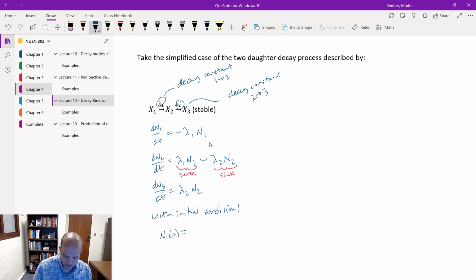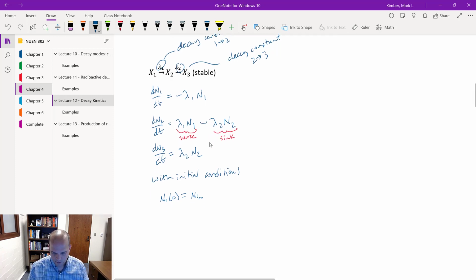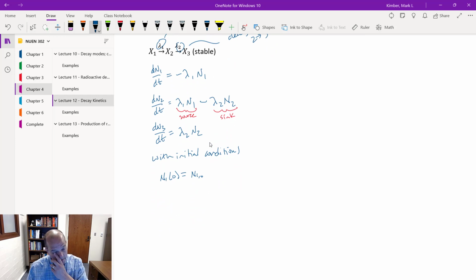N1 of 0 equals whatever my initial inventory is, and we will assume in many of these cases that at time equals 0, we have a sample that is purely isotope number 1. And so N2 of 0 equals N3 of 0 equals 0. I don't have any atoms in this sample of isotope 2 or 3.